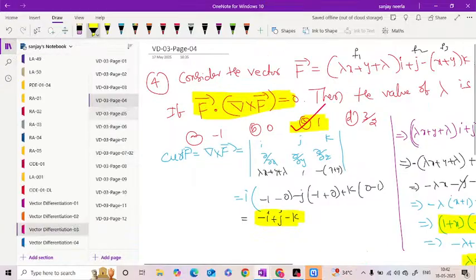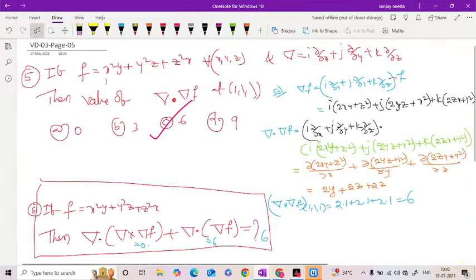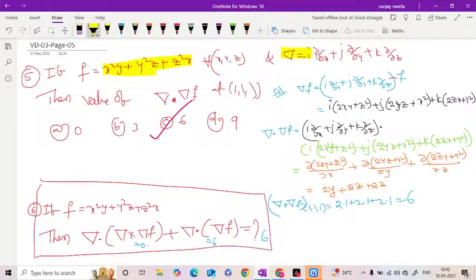Okay, it is the fourth problem in the previous class. Next one, fifth problem. If f is not a vector, it is a scalar point function, and del is the operator: i dou by dou x plus j dou by dou y plus k dou by dou z. The first question is del dot del f.